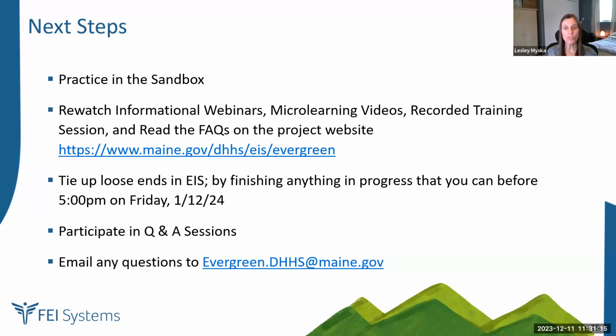And then you can also click on our training page, which is in the left menu, and that will bring you to our training site that has all of those micro-learning videos right at the top. There are hyperlinks, so you can listen to all those micro-learning videos if you haven't already, or if you want to listen to them as a refresher.